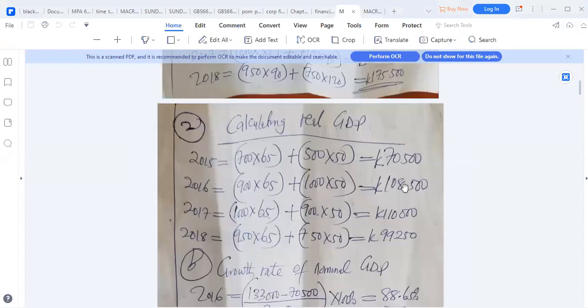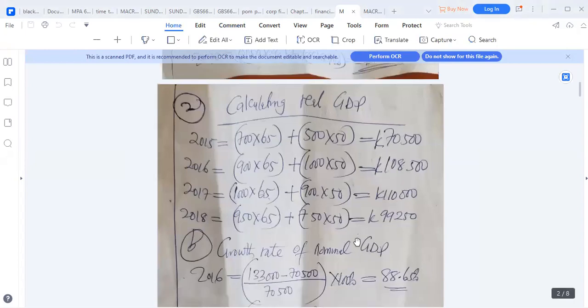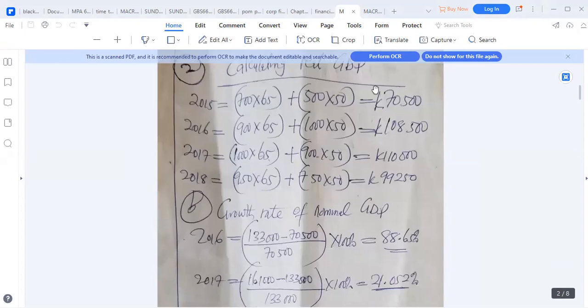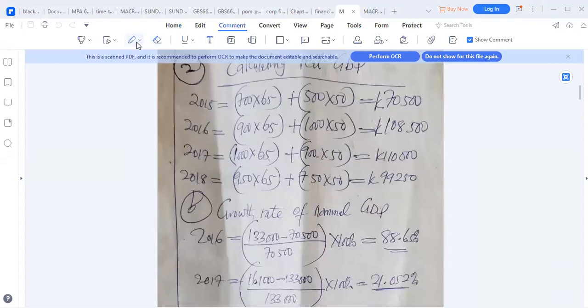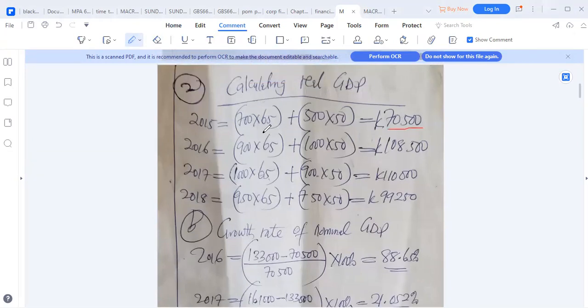Now we need to do the percentage changes. For the real gross domestic product, we have 70,500 for 2015. For 2016, it is 108,500, because we are using 2015 as a base period, as a base year.